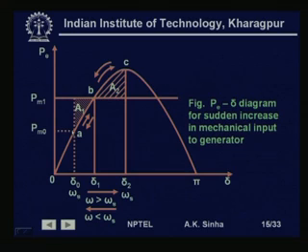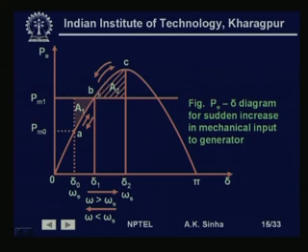That is what we have shown here. P m 0 is equal to P e 0 and the power angle is delta 0. Now, suddenly we have increased the mechanical input to P m 1. As we have seen, the rotor is going to accelerate. When it reaches this point, the speed is still beyond synchronous speed.